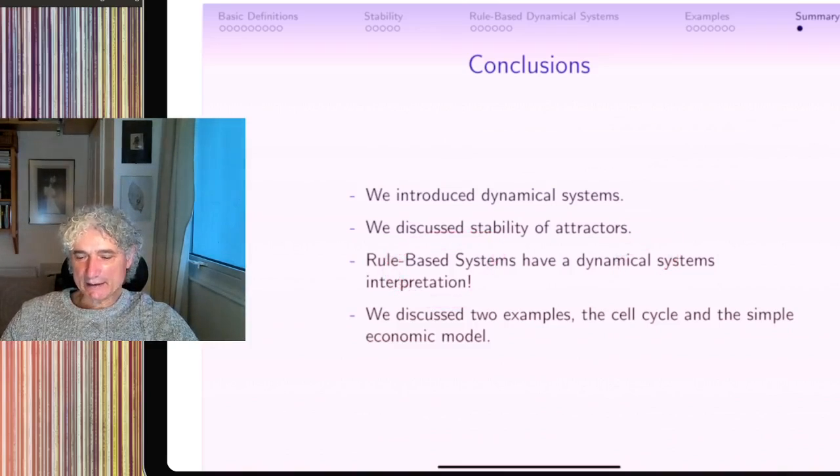With the help of mass action kinetics, we can transform rule-based systems into dynamical systems. From now on, you should practice as much as you can how to derive a dynamical system from a rule-based system. You have two examples already: the cell cycle and the simple economic model.